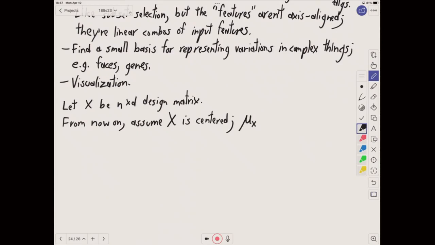That is, the mean over all sample points xi is 0. Of course, in practice, you're not usually given a centered matrix. You're just given a design matrix, and the first thing you do is center it. You compute the mean of all the sample points. You subtract the mean from every sample point. Now you have a matrix that's centered. So that's what we'll assume for the rest of this lecture.